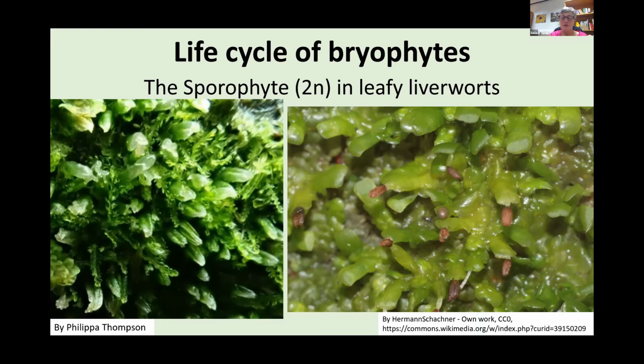And then there are some perianths, which look squarish or rectangular, that have sporophytes inside that are still developing. So it's another interesting variation on the theme of what sporophytes look like in leafy liverworts.